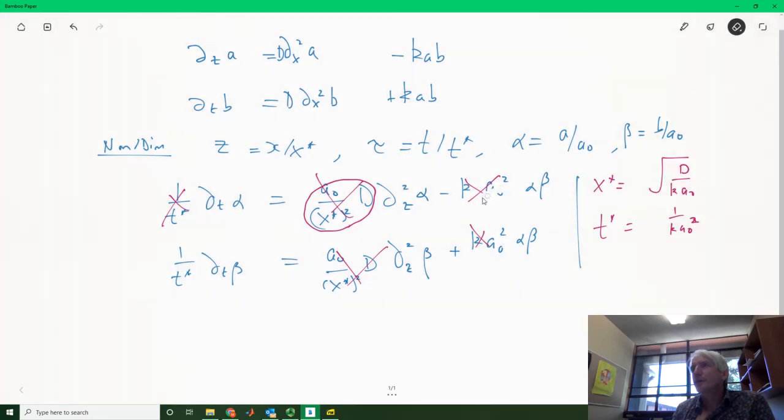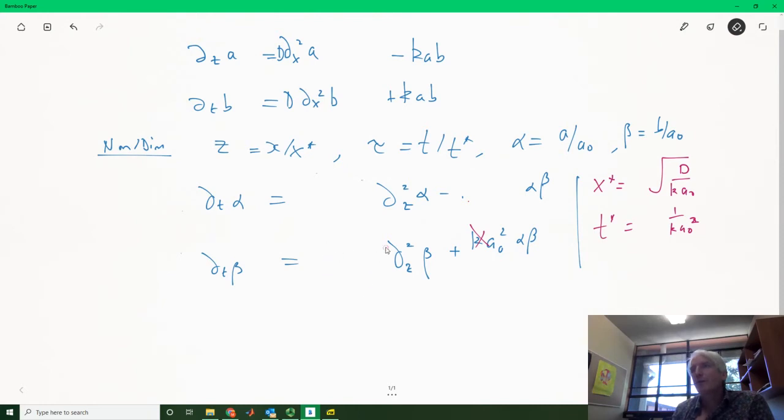These disappear when we've gone to this new special non-dimensionalization. Not sure how helpful this is, but it's kind of magic to do this non-dimensionalization. The a naught's actually not super important in this. Okay, there we go. So that's our equation we're going to solve. It makes our life nice and easy, doesn't it?